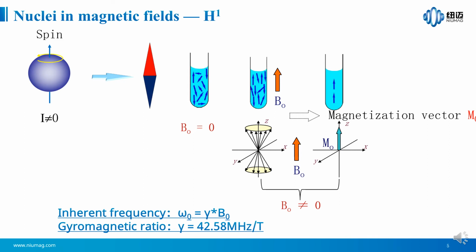So the transformation relationship between megahertz and Tesla is completed by the Larmor formula. For example, 300 megahertz nuclear magnetism corresponds to a magnetic field strength of 7 Tesla, and 60 megahertz nuclear magnetism corresponds to a magnetic field strength of about 1.4 Tesla.